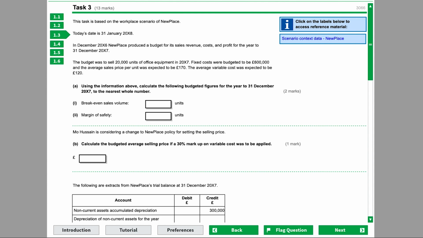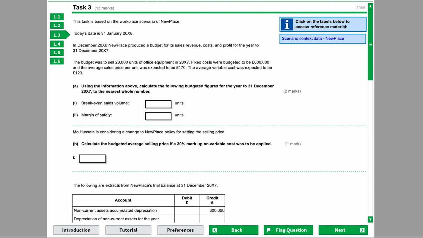It is a new task, added in the update which happened in September 21, and is an open response task which requires you to write your own answers. It is a human marked question, which means it is marked externally by AAT.